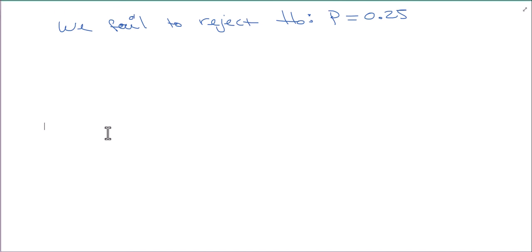The claim is that babies can identify friendly behavior, and that's why they're choosing the friendly toy. So can we do a test of significance at the 0.05 level and make a decision? Try that, and then I'll record a video doing just the baby study as a test of significance, and we'll see what we get.